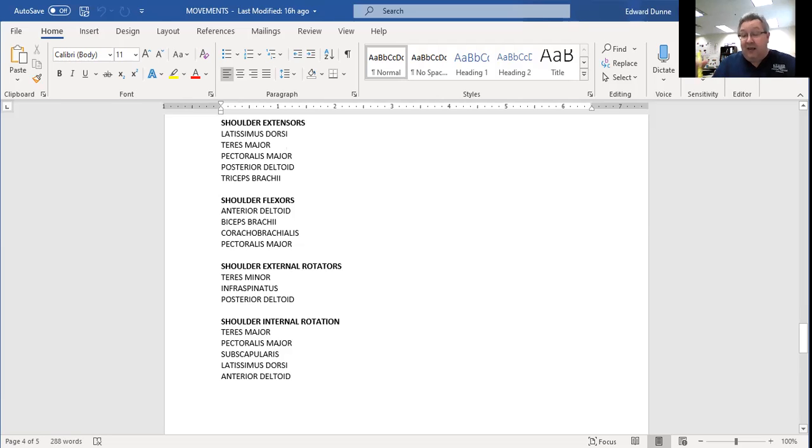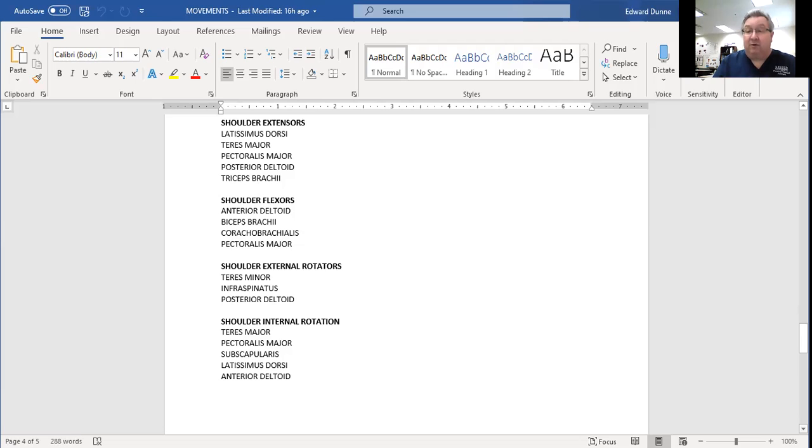When we're talking about adduction of the shoulder, it kind of doesn't make sense that Teres Major and Latissimus do adduction. But because I know that they insert on the anterior side of the humerus, and when they contract they're coming together, the pull is going to be inwards. So again, the shoulder adductors are Teres Major, Latissimus dorsi, and the pec major.